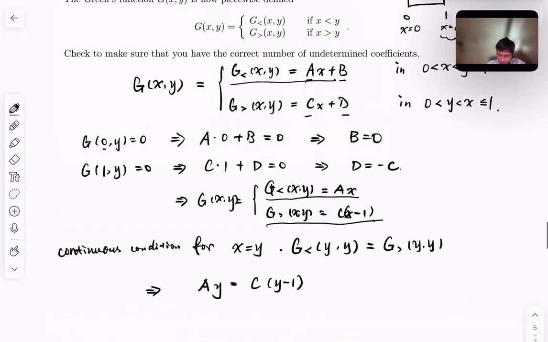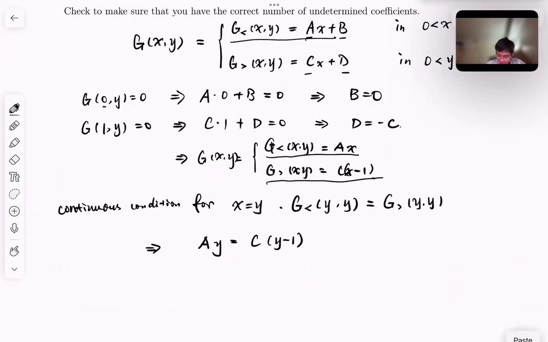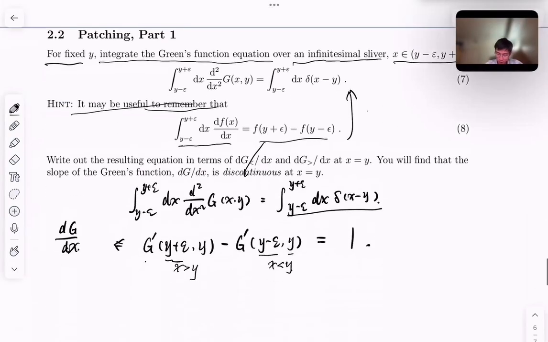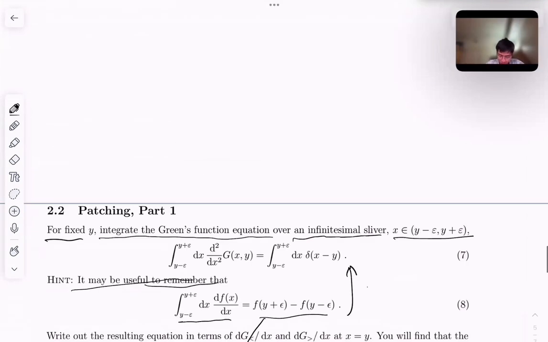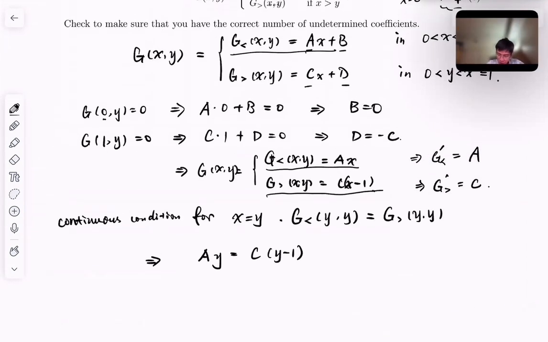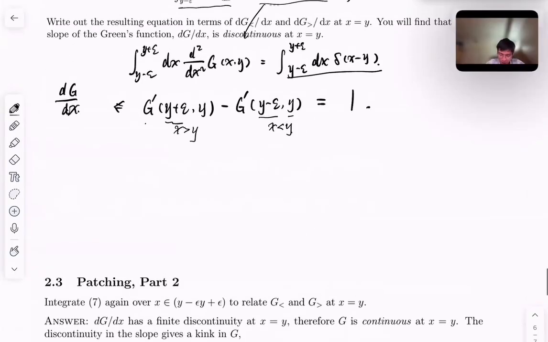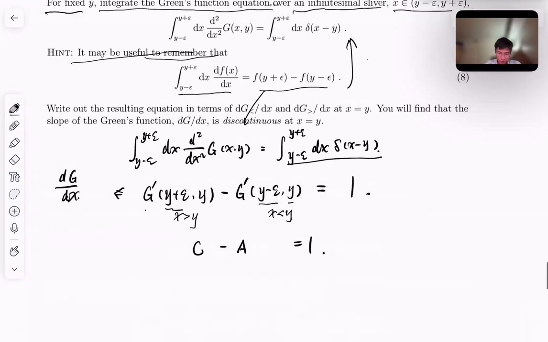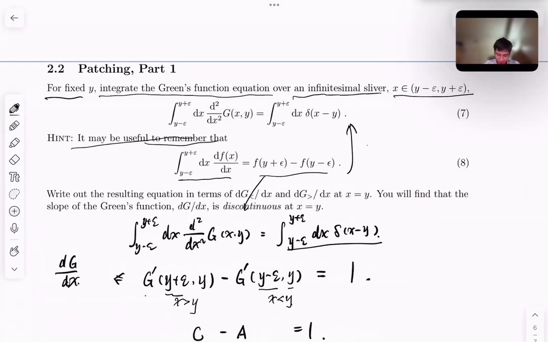G less than prime is a, and G larger than prime is c, and we plug it here. For x larger than y that is c, so c minus a equals 1.